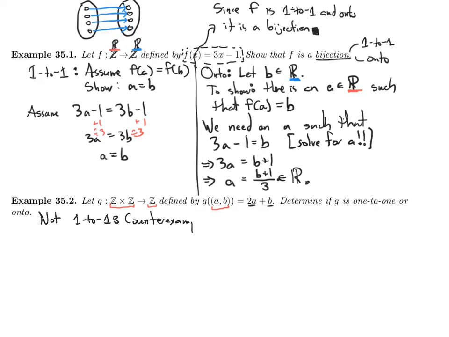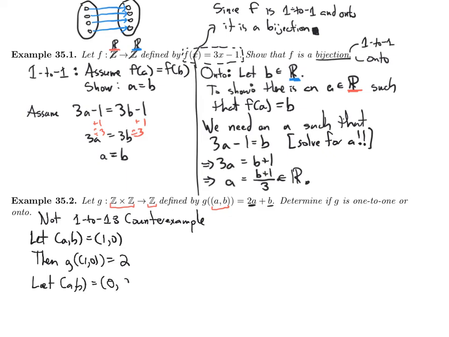Maybe you came up with a different counterexample, but if a, b is the ordered pair 1, 0, then g of 1, 0 is 2 times 1 plus 0, which is 2. And let a, b equal, instead of 1, 0, how about 0, 2?